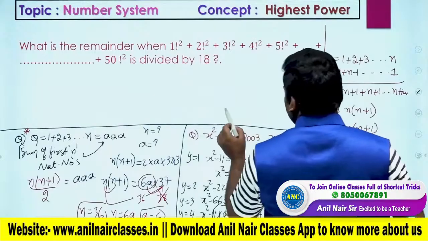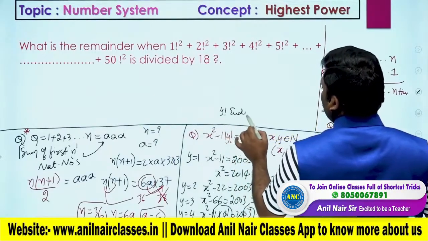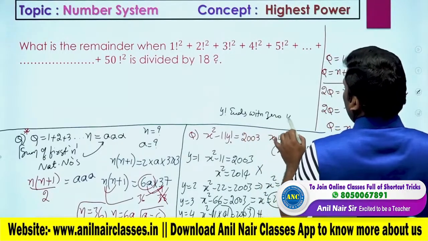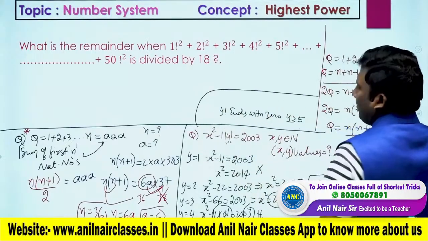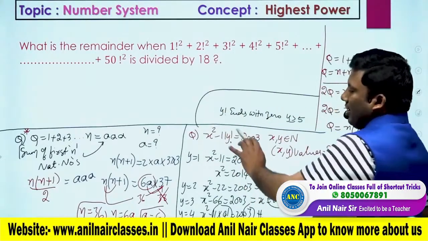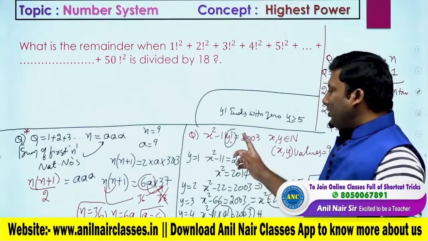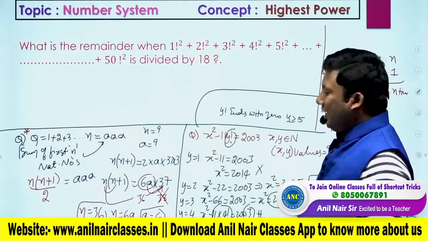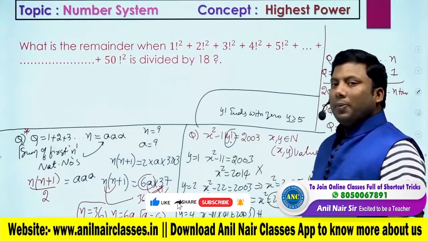Now if you see, y factorial ends with zeros for y greater than or equivalent to 5. So 5 factorial ends with 0, and 0 into anything is 0, 0 plus 3 is 3. 6 factorial ends with 0, 0 plus 3, 3.